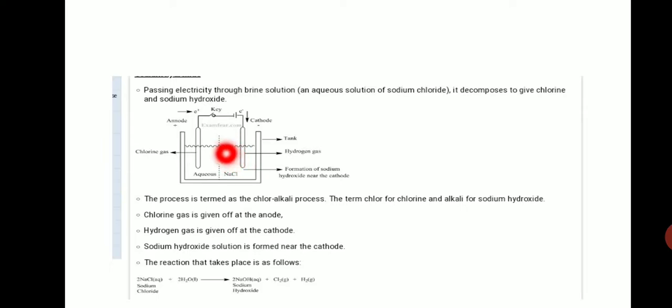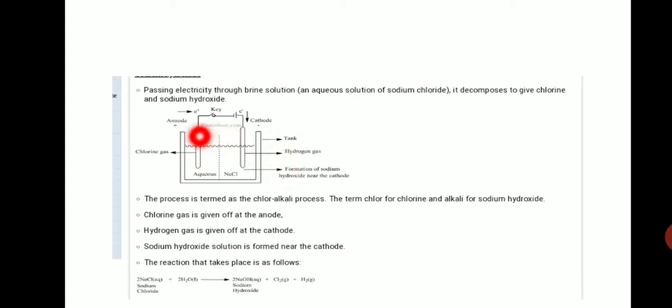This solution undergoes electrolysis by passing electricity. It is carried out in an electrolytic cell. We already studied what an electrolytic cell is and the different items used.